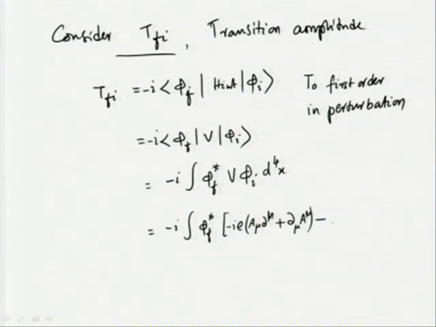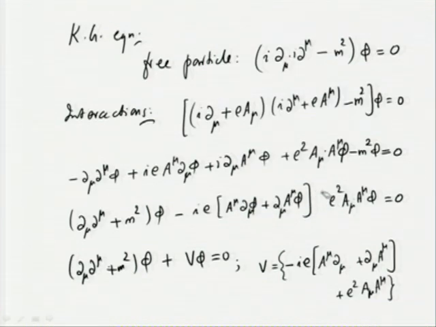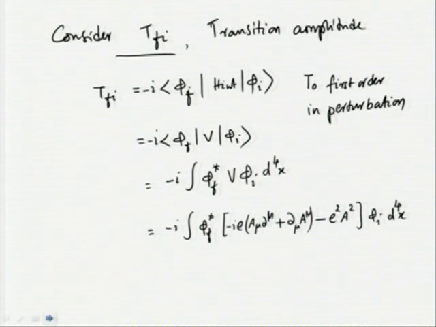So, this is a minus e square a square phi I d^4x. So, another mistake here with the sign. So, we should have taken it as okay. This is the transition amplitude. We wrote the first order term.